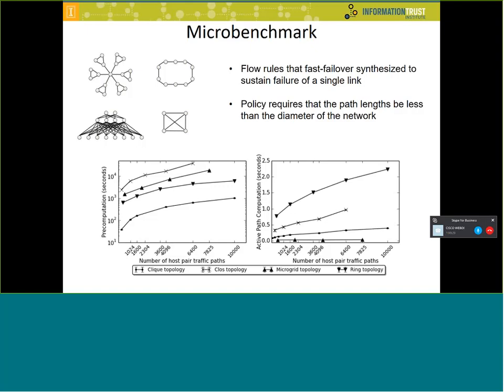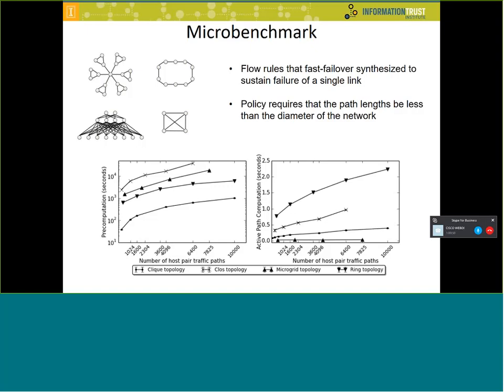We of course put flows in these topologies, and as more hosts were added, more and more flows were added. The flows had a property: we ensured that these flows would always provide a single link failover. In all but one topology you could do that, because parts of that topology have only a single link connecting some part of it.